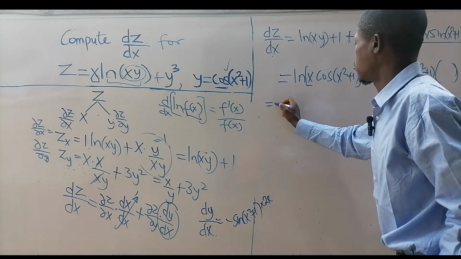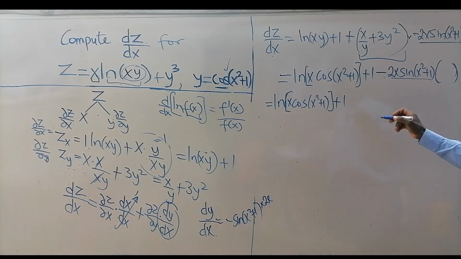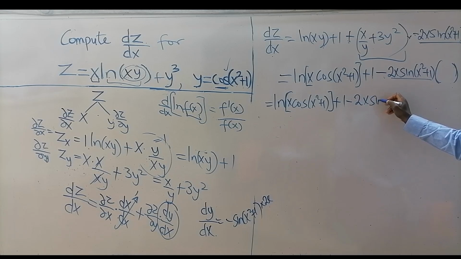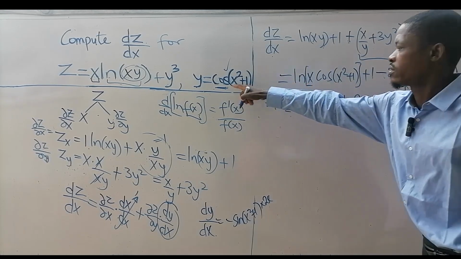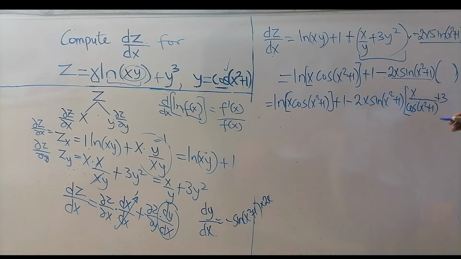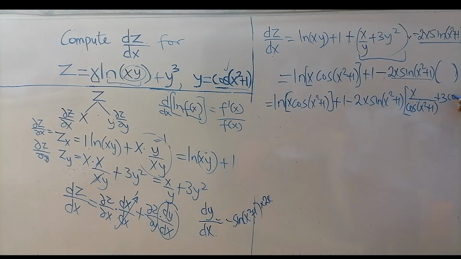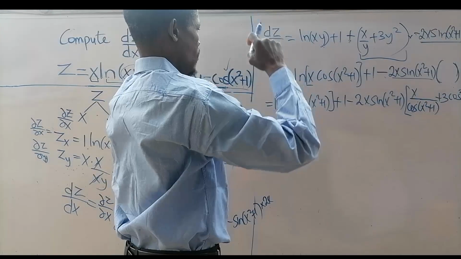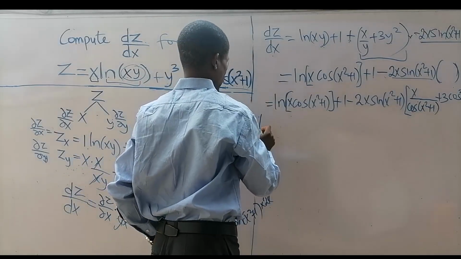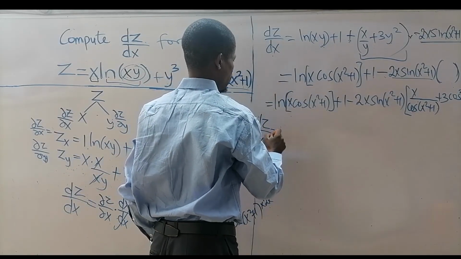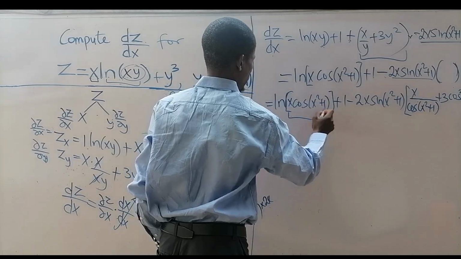So we now have this, then minus 2x sine of x squared plus 1 in your brackets. My y is this, and then plus 3y squared. So my y is this, as 3 cos squared of x squared plus 1. So close your brackets, and that will give us dz/dx equal to ln of this.